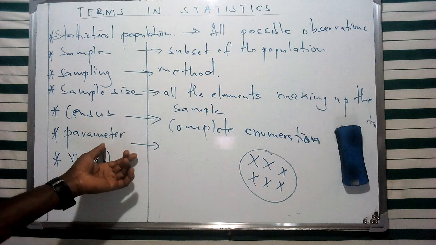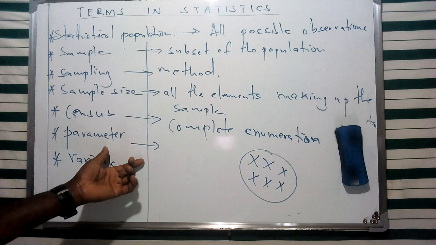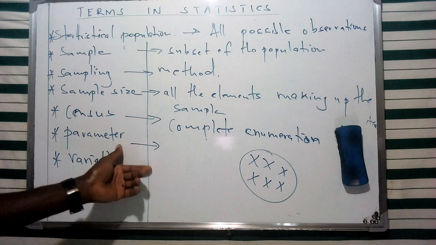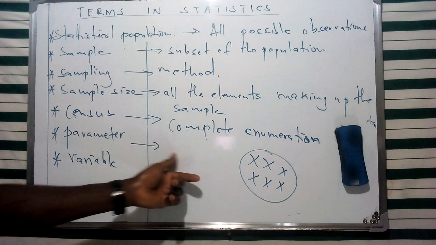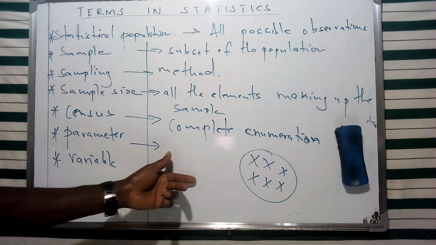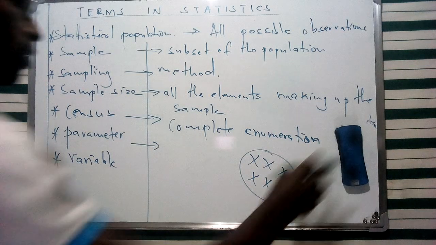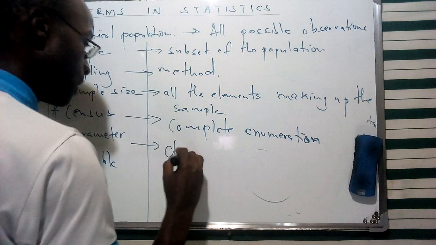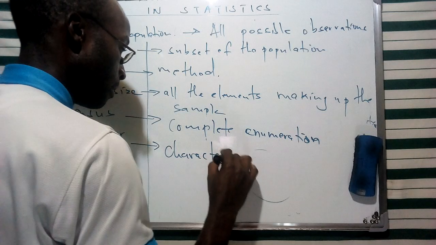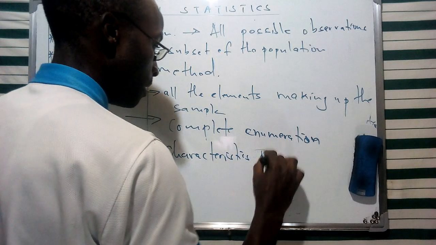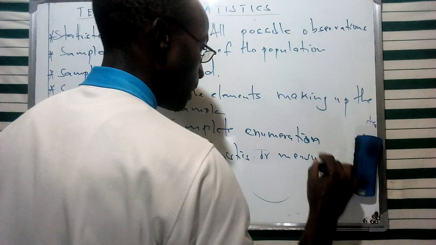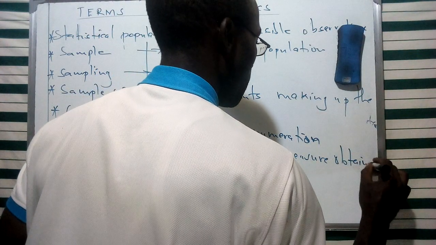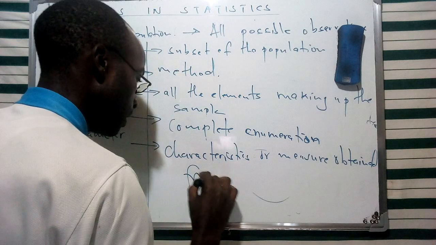So the concept of a parameter is going to constitute this measure obtained from this particular population, or the specific characteristic which I've mentioned, obtained from this specific population. Therefore, in a summary form we can define this concept of a parameter as characteristics or a measure obtained from the population.